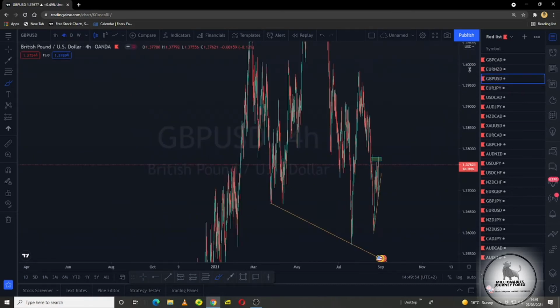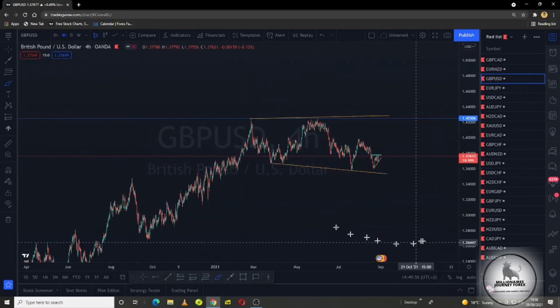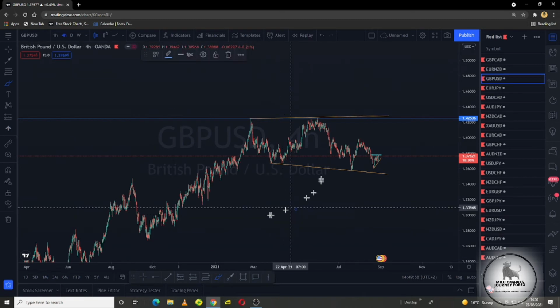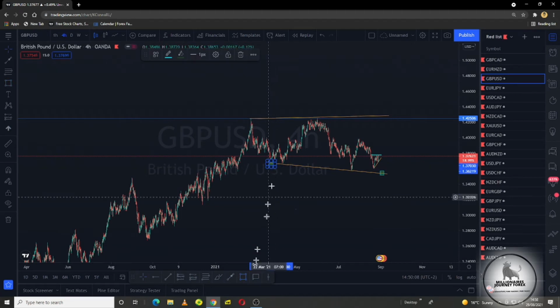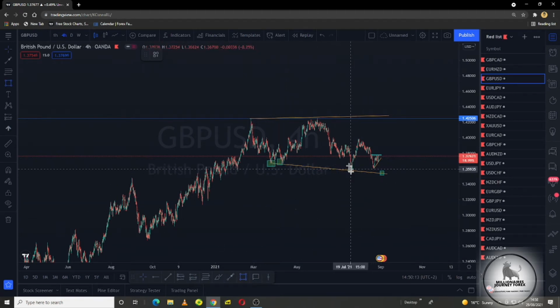The GBP USD is also a pair that is in some sort of a pattern, and a good buy from this pair would be from the dead touch here. As you can see, we had 1, we had 2, and then we had 3. Now on the dead touch, price reversed, but now it's coming back here.